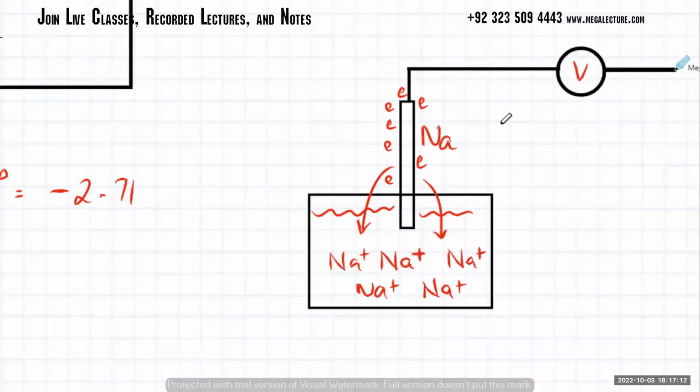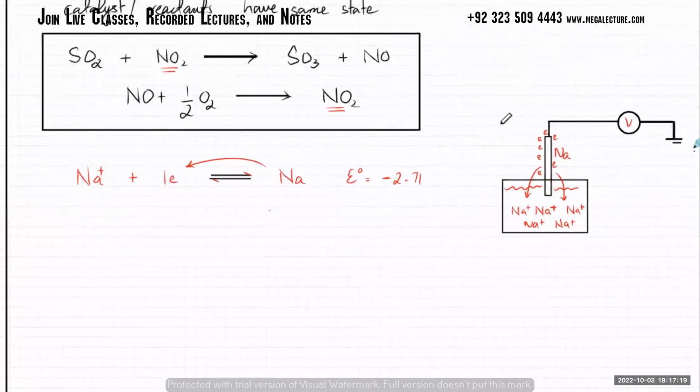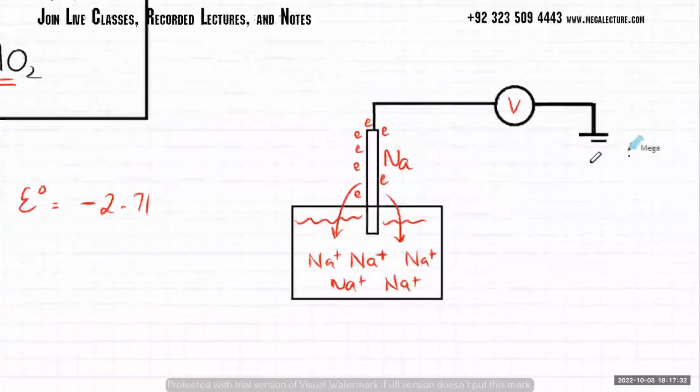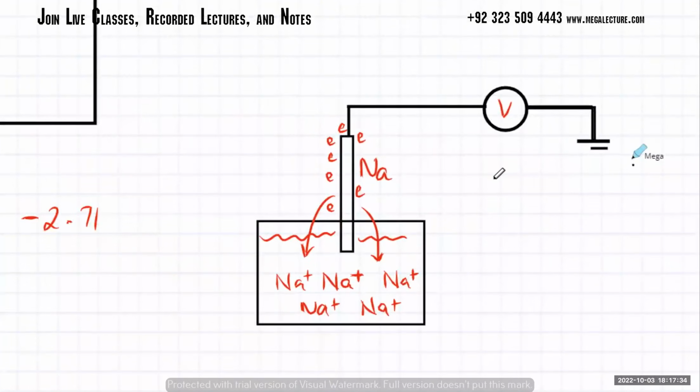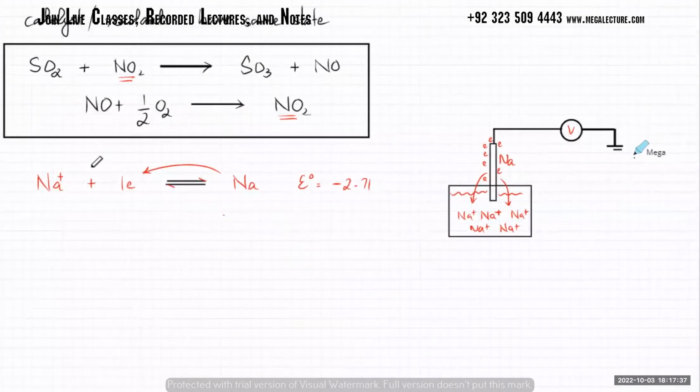So, the basic point is that a negative potential indicates that it wants to really lose electrons. A positive potential, on the other hand, indicates that it wants to gain electrons. If it were the opposite, and sodium ions wanted to gain electrons, the sodium ions would take all the electrons from the metallic rod. The electrons would run out, and what charge would have built up? It would have been a positive charge, right?